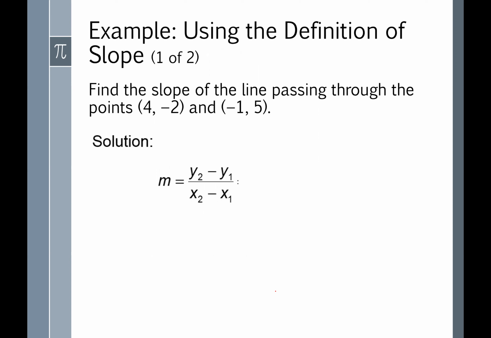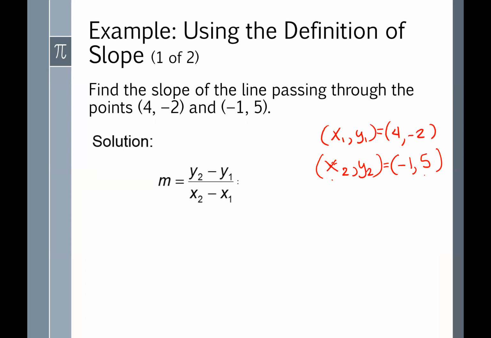So how do you find the slope of a line given 2 points on the line? It's literally a plug and chug. And so what I do is I make myself a note which point I'm going to let be the first one and which point I'm going to let be the second one. And this just keeps my signs straight. So I'm going to let X sub 1, Y sub 1 be the first point, and X sub 2, Y sub 2 be the second point.